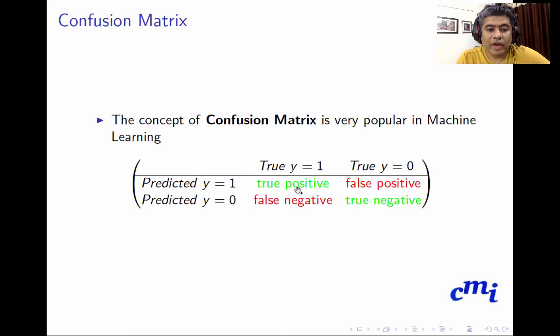So it is the fraction of true positives out of how many positives you are making. If you are making, say, 100 true positives, out of the positive predictions that you are making, how many of them are actually correct.